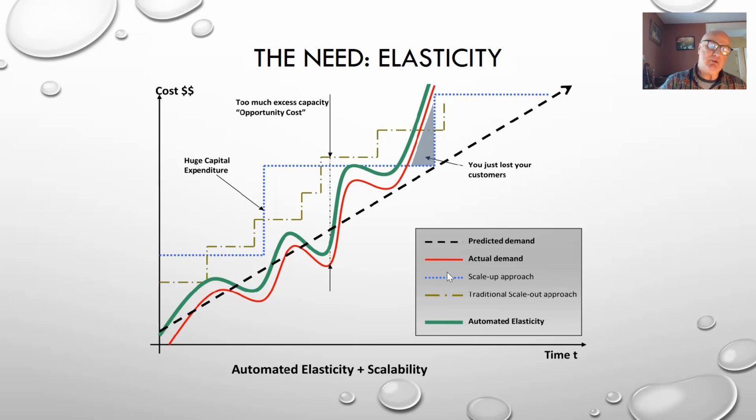But what that leads to are these huge capital expenditures at different points along the path, and those capital expenditures are tough to justify. They're hard to do accurately, and sometimes they're hard to do fast enough. So eventually we get to a point where we can't keep up with the growth in the application, and we get that little triangle at the top there where it says you just lost your customers.